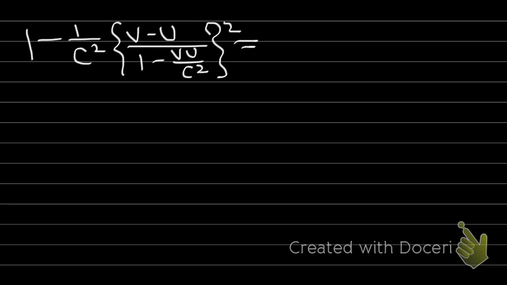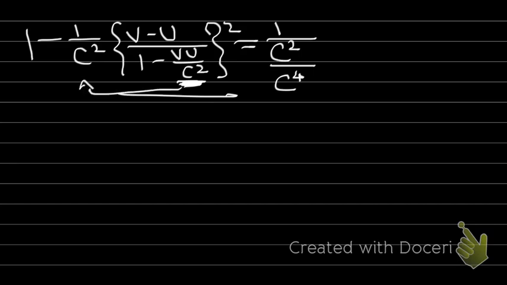Okay, so this can be simplified if we factor out this c squared outside. Because we have this square over all of this term, the term that actually comes out is c to the power 4. So we would have 1 over c squared as it is, and then divided by c to the 4, right? We have just factored this out, so it comes out in the division.